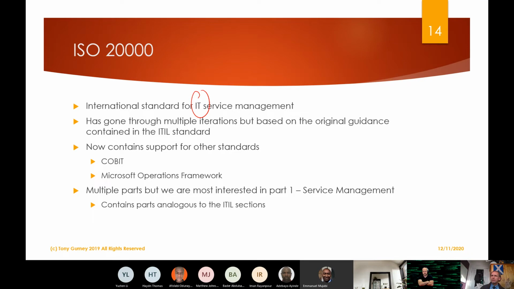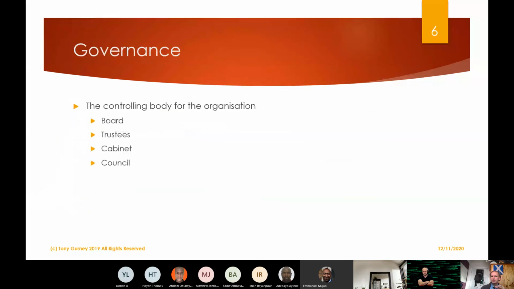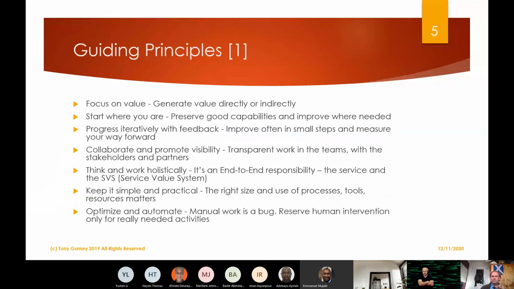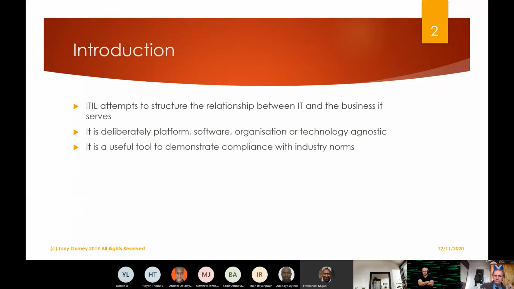But Tony, you cry, because I can hear you screaming from here. You said that this was going to be platform, software, organization, and technology agnostic.